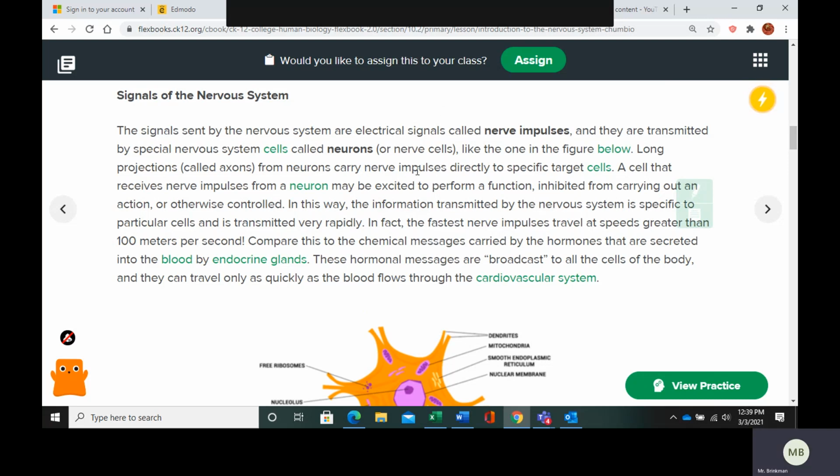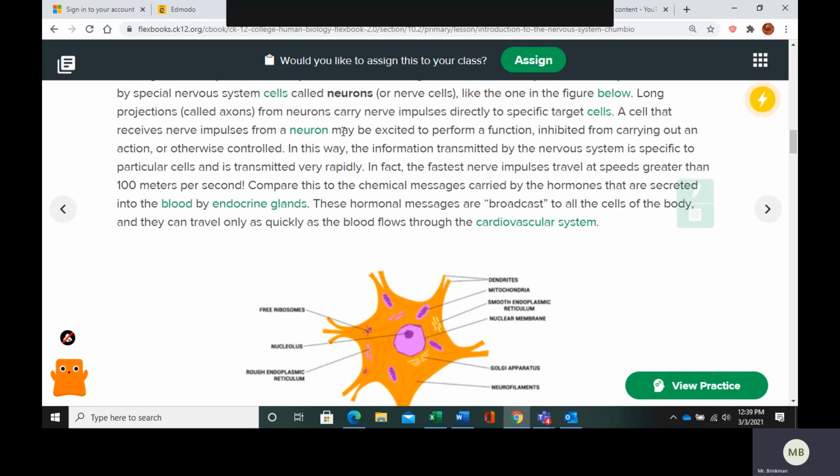Long projections called axons carry nerve impulses directly to specific target cells. A cell that receives these nerve impulses is told to perform a function, or it is inhibited from performing a function, or it's controlled in some other way.